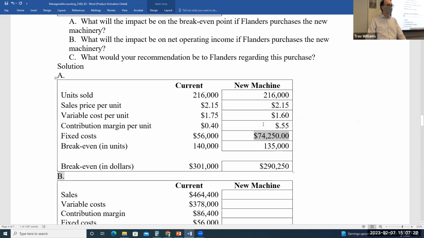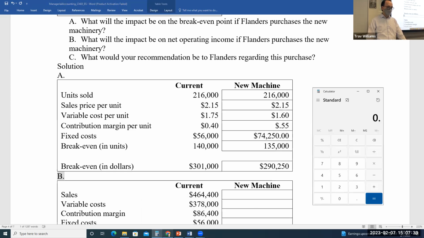And we get contribution margin ratio by taking contribution margin divided by sales price. Contribution margin divided by sales price, 0.2558. I'll divide that into our fixed costs. And we notice it's a little bit different because of rounding, but it's pretty close to the 290,250.